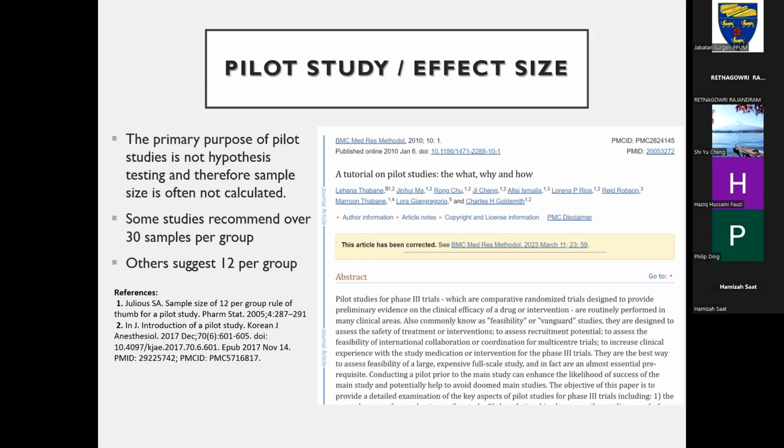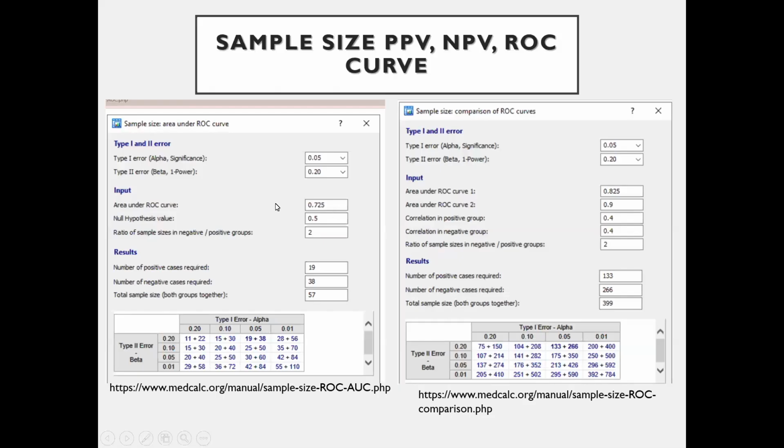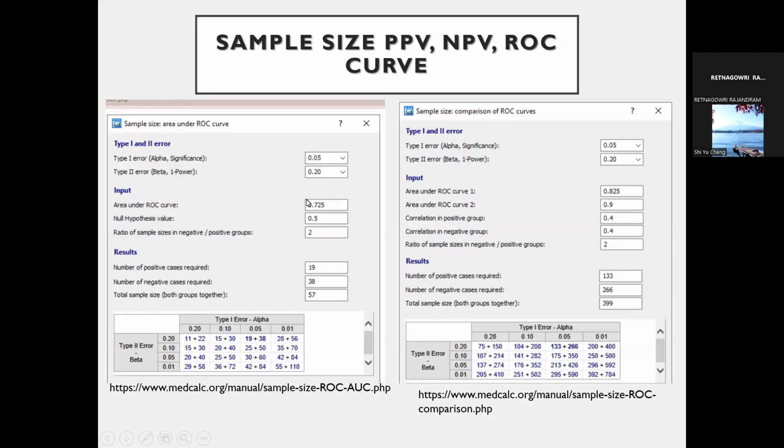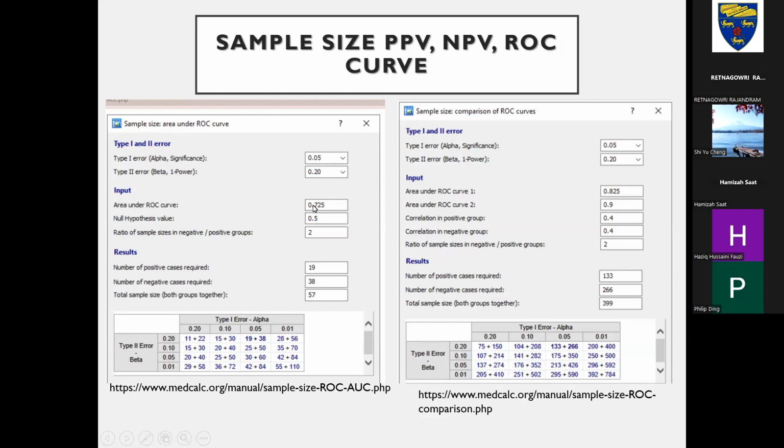Or if your sample is fixed. Okay, so for area under the curve, here we've put 0.725, but actually a good area under the curve should be at least 0.7 or more. The better is actually 0.800 or more. Okay, so you put that number and then you hypothesize what you think the value is going to be.